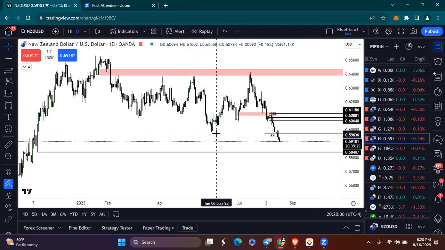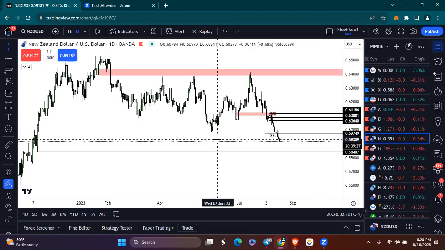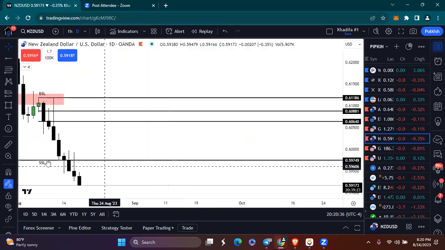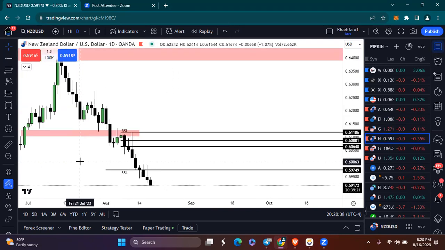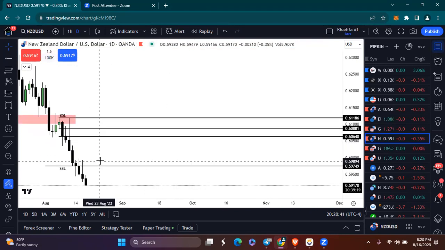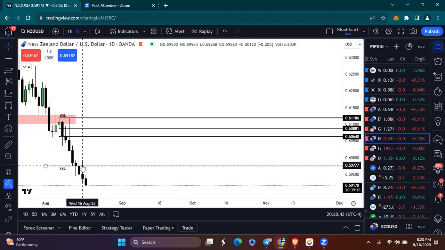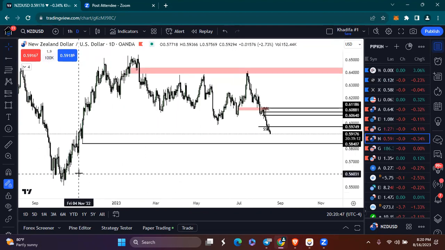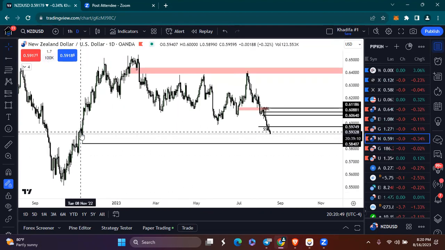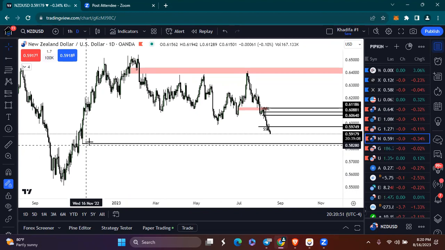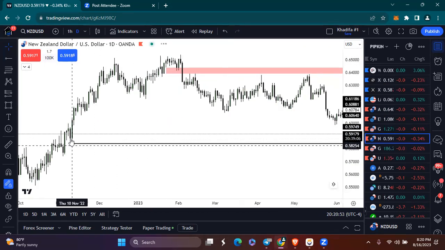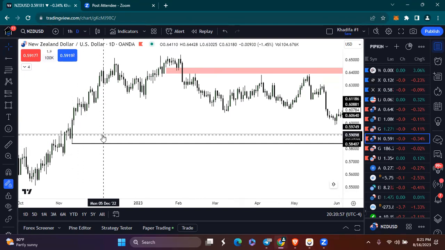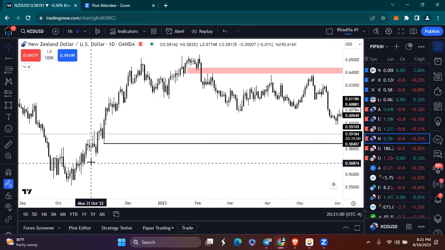NZD USD. I wanted to see if we broke and closed below sell side liquidity. Then I expected us to pull back down into this SIBI, right? Fair value gap. We did that today.